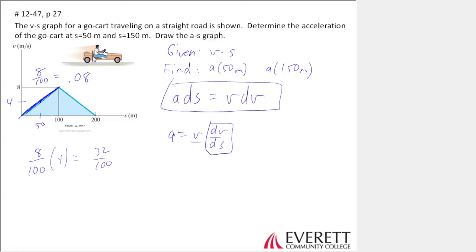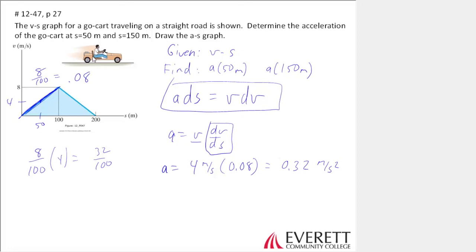So we end up with acceleration equals 4 meters per second times 0.08, which equals 0.32 meters per second squared.